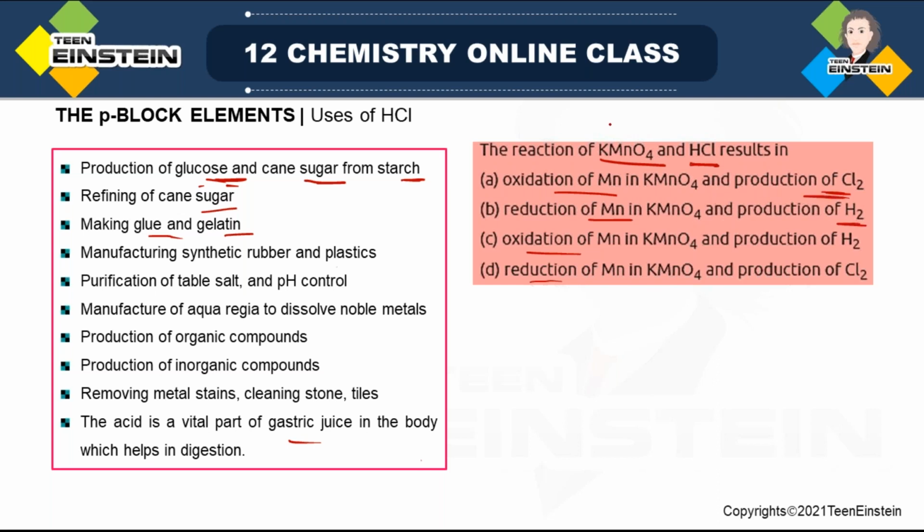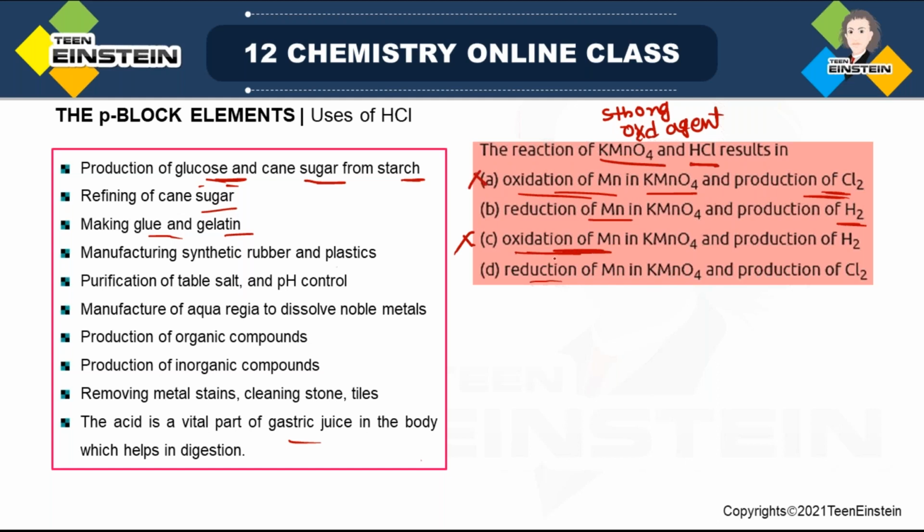Now we know that KMnO4 is a very strong oxidizing agent, right? That means oxidation of manganese is not possible. Because when we are saying that KMnO4 is strong oxidizing in nature, it means here Mn will gain electrons. So Mn will be reduced, not oxidized. Mn will oxidize some other species, but itself will be reduced. So oxidation of manganese is not possible.